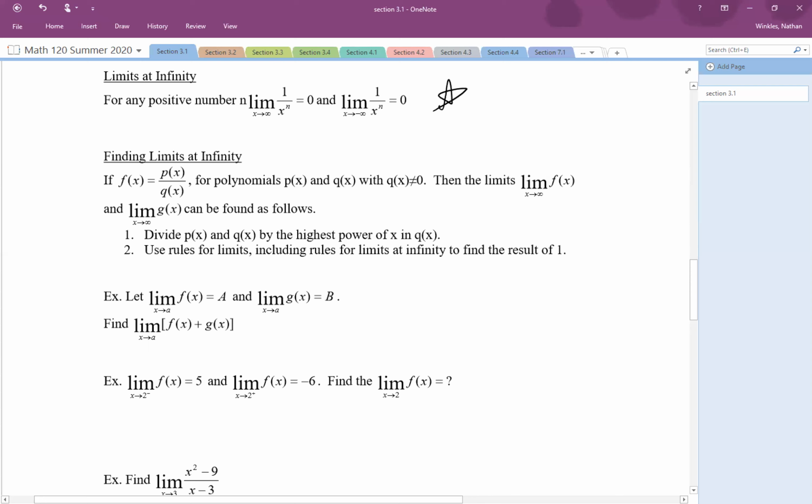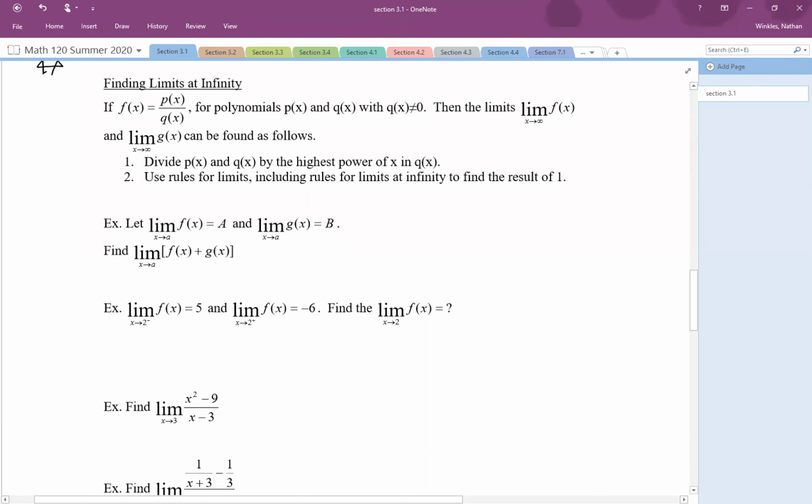There are two ways that we can do this. The first way: divide p of x and q of x by the highest power of x in q of x. Then we're going to use our rules for limits at infinity up here to find the result from part 1 that we just did here. We'll see an example in just one second.